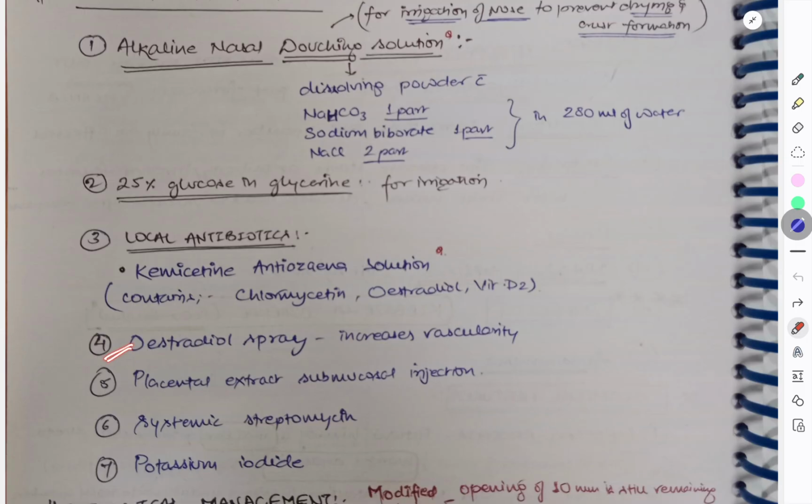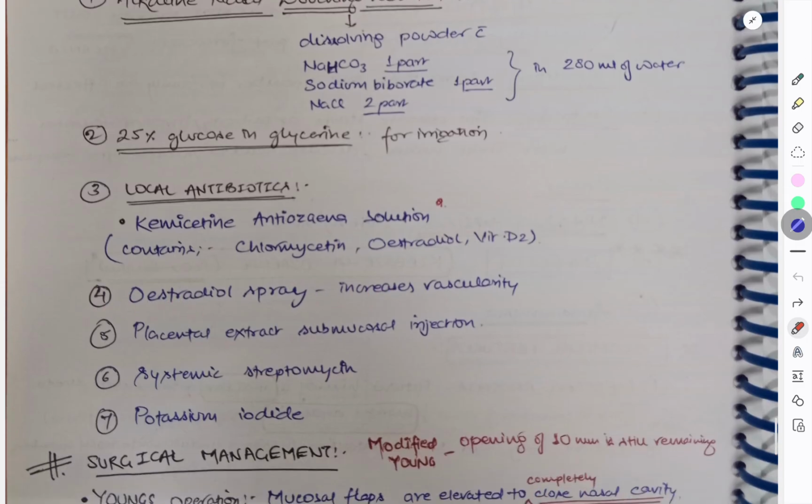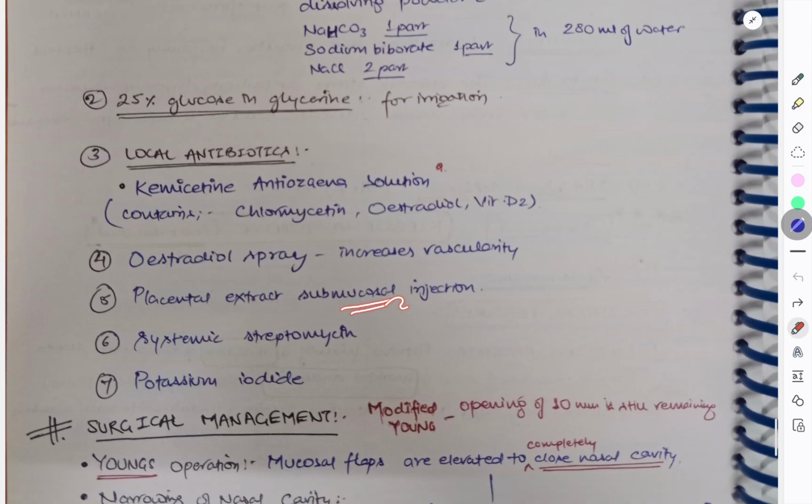Then we can use estradiol spray that increases the vascularity. Then placental extract submucosal injection can be given. Systemic streptomycin and potassium iodide can also be used. See here, the nutritional factors are also there.